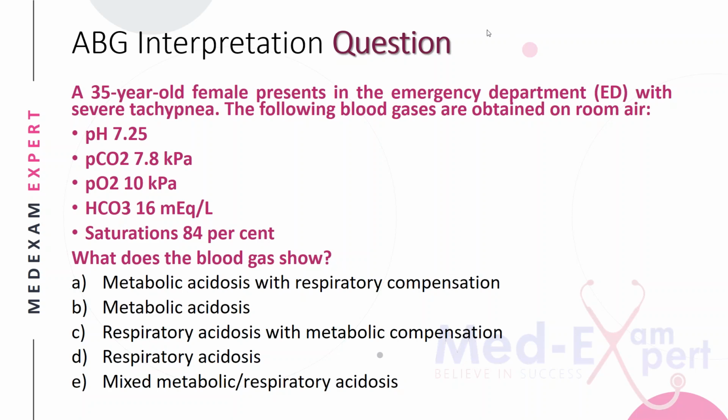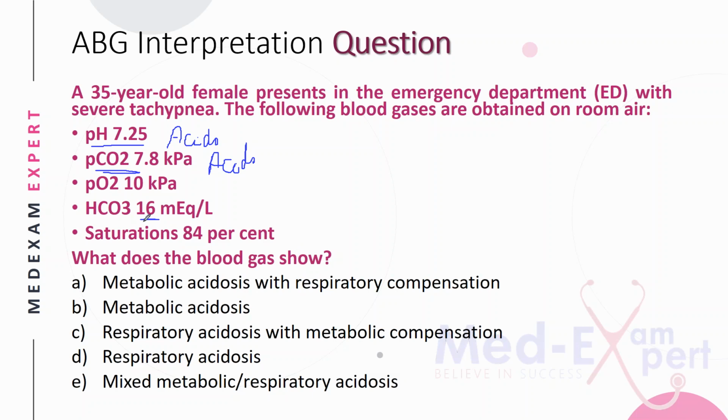We have pH of 7.25, so it's acidotic. And I have high CO2. Of course, when CO2 increases, it leads to acidosis. So I have acidotic here. But let's look at the bicarb. What is the level of bicarb here?